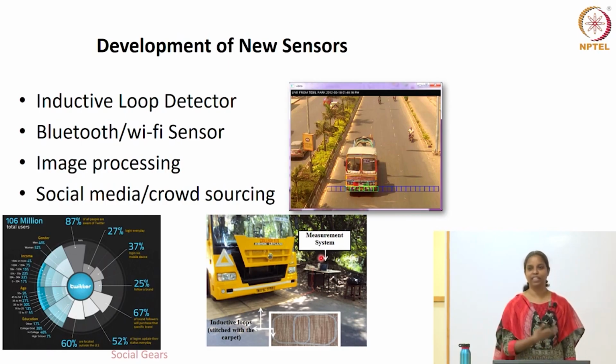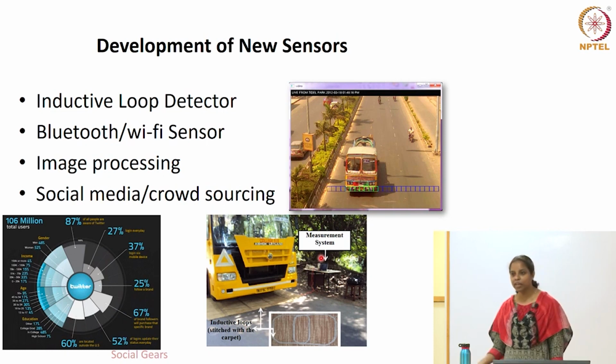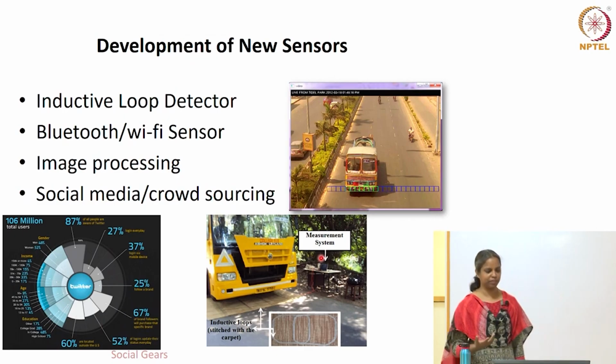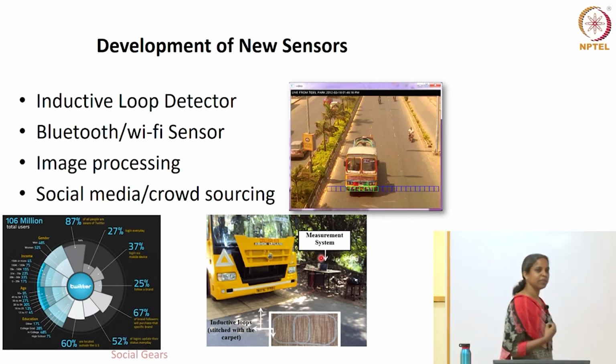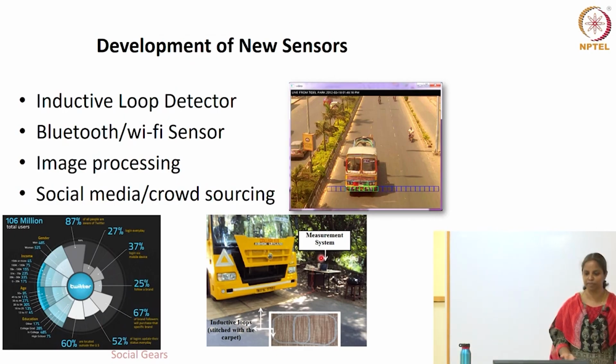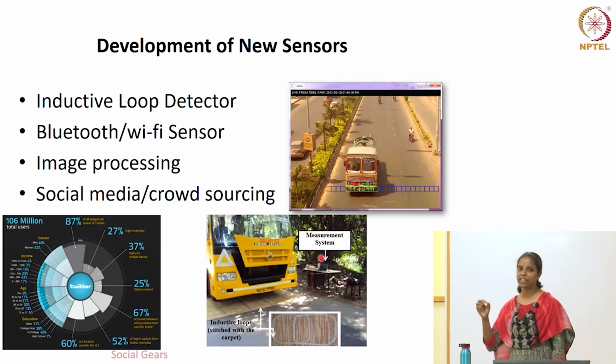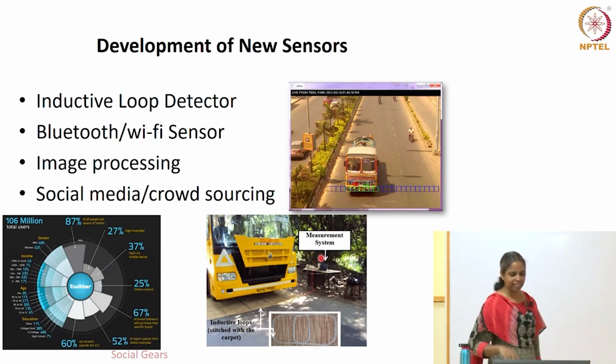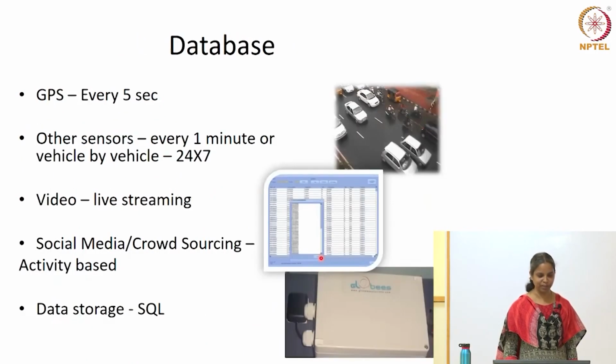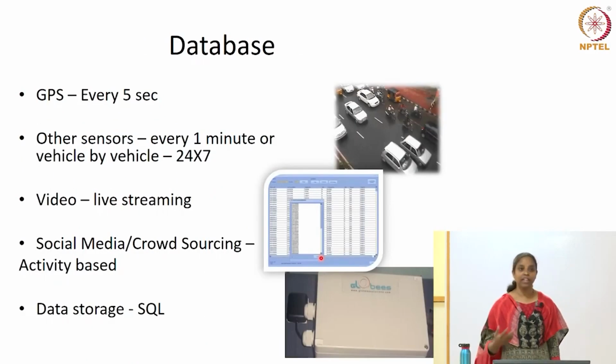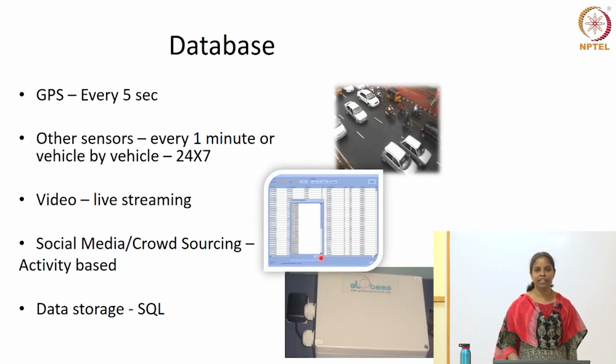So this is one of the areas in which a lot of my students work with electrical engineering faculty, developing sensors. We have developed at least 4 different sensors which are working and giving information in a much better way than any of the available sensors. Details I don't have time for, so I am not getting into them. Obviously we have a good database, a lot of data coming from all these sensors.